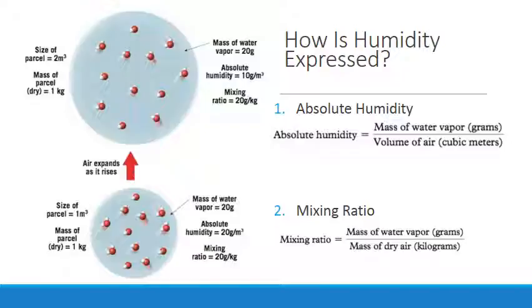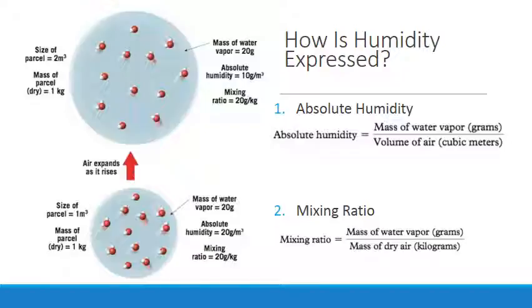So the figure in this slide can be used to illustrate absolute humidity and mixing ratio in an imaginary balloon as it rises in the atmosphere. Near the surface, we can see that the balloon is known to be 1 cubic meter in volume, that it weighs 1 kilogram, and that 20 grams of its total mass is water molecules in their gaseous state.